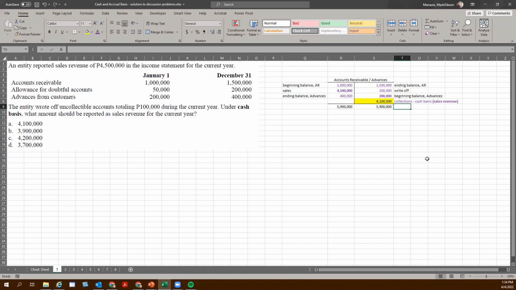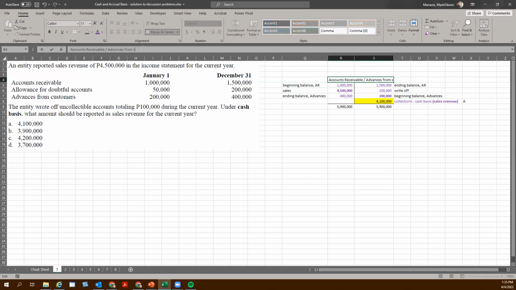Now here, this would be representing your collections from your AR, and this will be recorded as sales revenue under the cash basis. So the answer to problem number 1 would be letter A, 4.1 million. Pansinin ulit class na, ang ginawa natin is by way of the account, we combined accounts receivable and advances from customers.